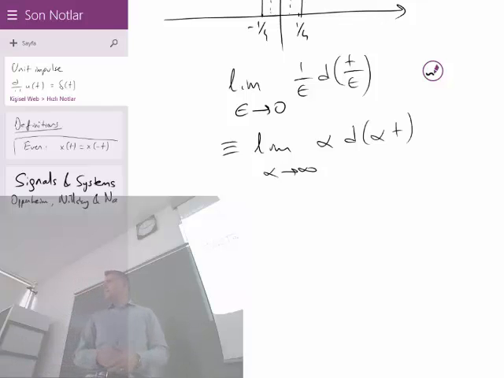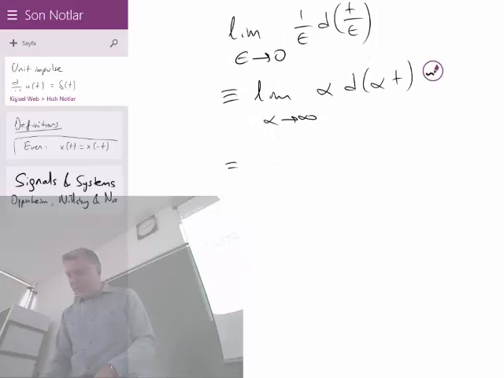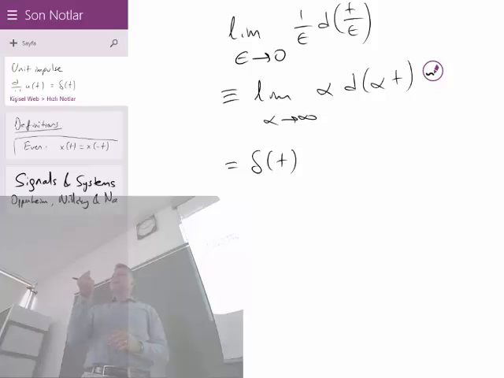These two are the same things. And those limits are both equal to delta of t, as epsilon goes to 0 or alpha goes to infinity. So it's a very, very narrow signal, with height being infinity, as a matter of fact. That's why I was saying the height of that function doesn't correspond to the magnitude. The magnitude could only be represented in terms of the area underneath. So this is a signal that we are interested in. It's called the delta of t.